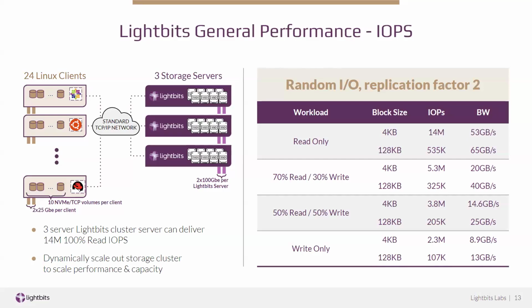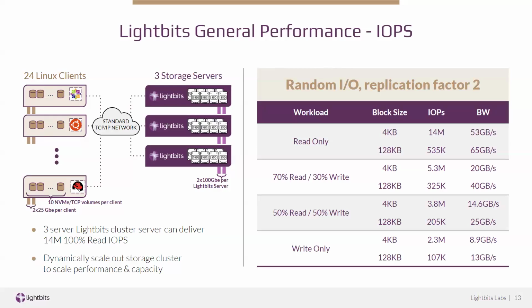So we're roughly at 4.2, 4.1, sometimes even more per target. And you can see what we've done in here is with 24 Linux clients. There are dual 100 gig network adapters on the target side and dual 25 gig on the client side.